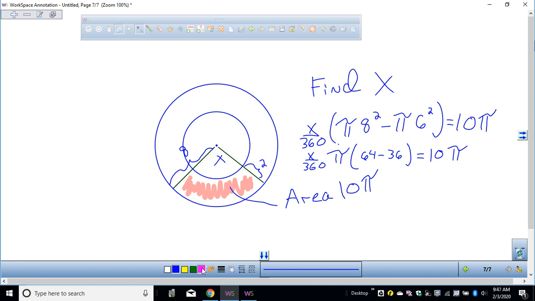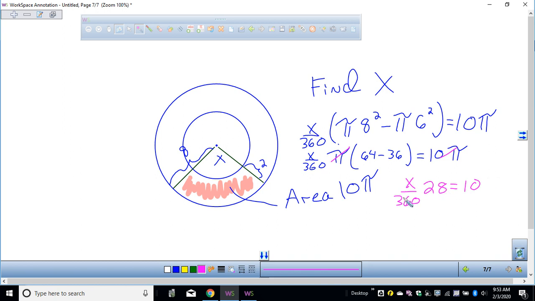The reason I factored out this pi is because now I can cancel it out from both sides. See? Do you see what I did? Okay. And then you get X over 360 times, what's 64 minus 36? 28, equals 10. And then you just have to solve for X.